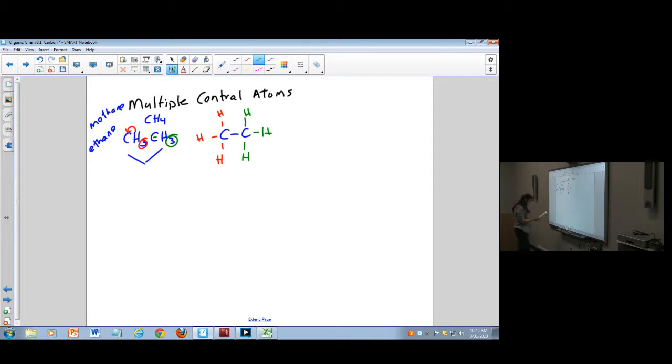I figured out the number of valence electrons before I started this, but forgot to tell you. There's 14 valence electrons. So I'm going to count and see if I think I've gotten this structure correct. 2, 4, 6, 8, 10, 12, 14 electrons. That's what I wanted. I have CH3 and CH3.